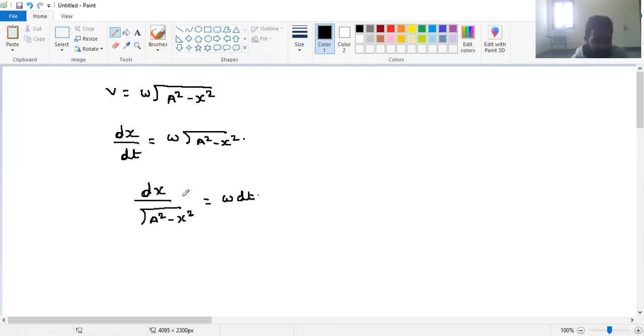So integrate on both sides. What happens is the integration of dx by root of a square minus x square will become sine inverse x by a.